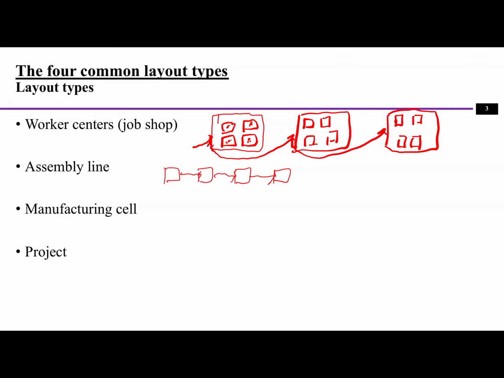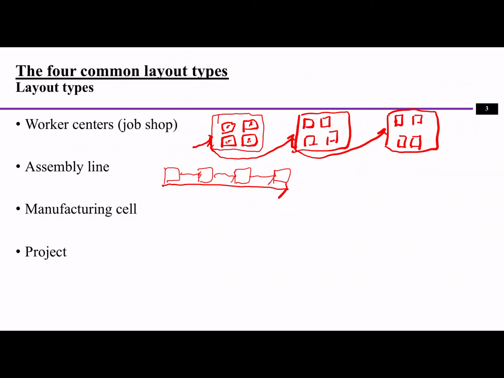A lot of times it's only one single product, or sometimes a very limited number of models. Compared to work centers, it's more efficient, because the material flows in a single direction and the traveling distance is really limited. That's why the assembly line is more efficient when making only very limited models.